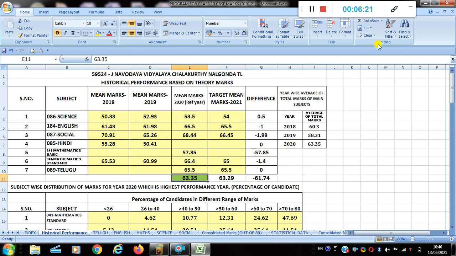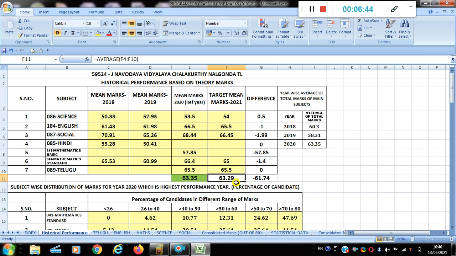Now the targets are fixed. Let me select the targets up to here, 1 2 3 4 5. The average is coming to 63.25. You can check my cursor, 63.25, and the formula is also telling the average is 63.25.